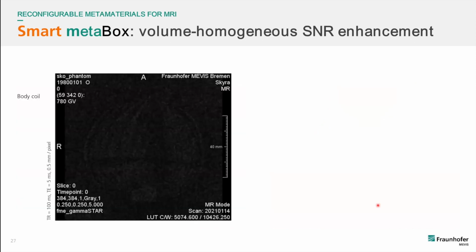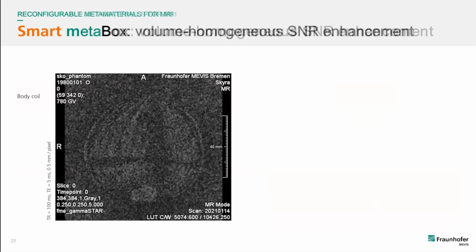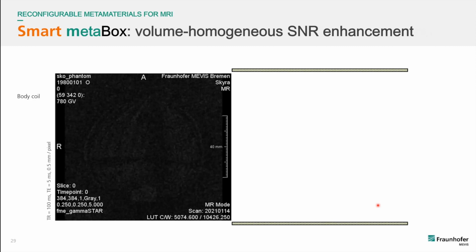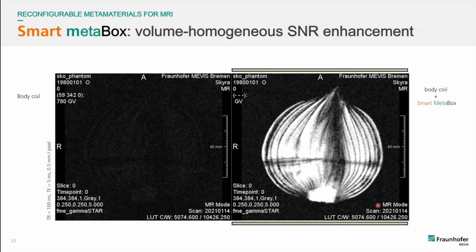And this is the image what you can get with your body coil without the metamaterial. By just playing a little bit with the window and level, you see that there is something, but there is just noise. But simply putting your metamaterials in, this is the image you're getting from there.